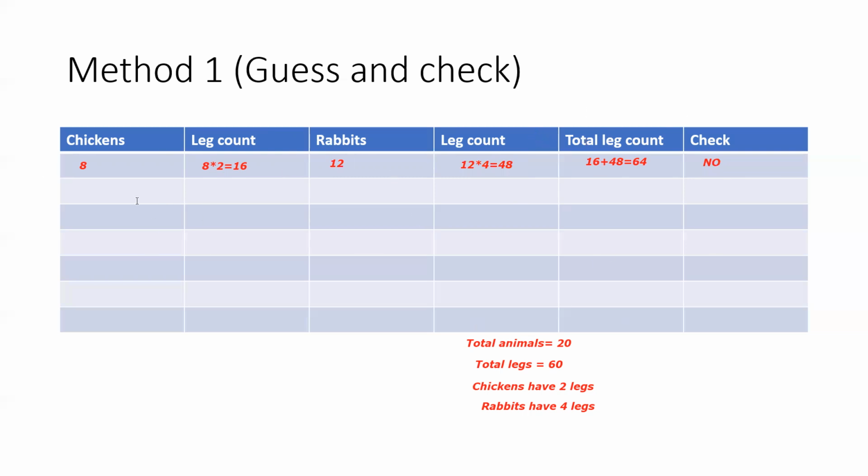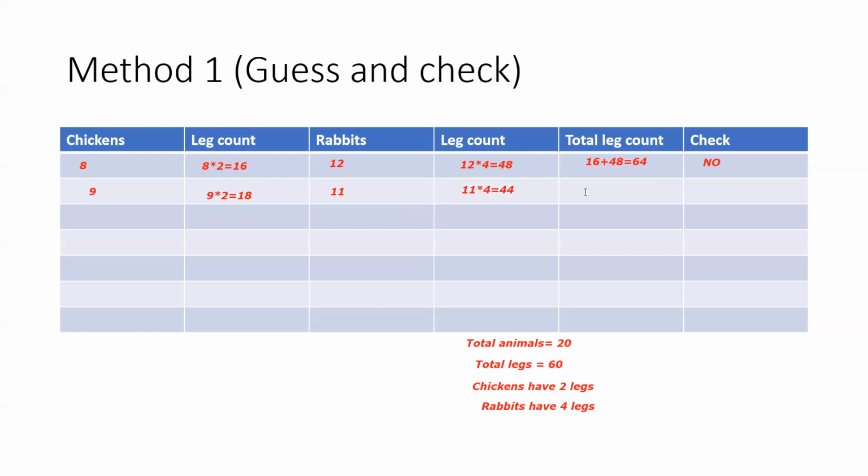So let's try, say, 9 chickens. Therefore, 9 times 2 equals 18. Rabbits will have 11. 11 times 4 gives us 44.